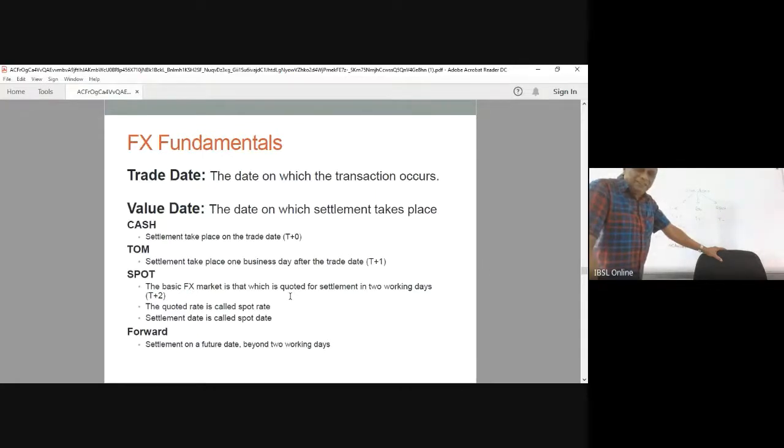Only the US holidays affect it. We don't care about the poya. So Thursday is wrong. Wednesday is the correct day. Two working days means not Sri Lankan working days, but US working days.